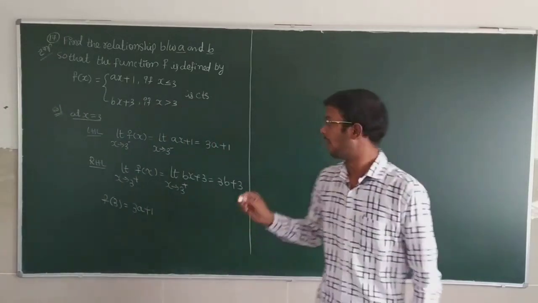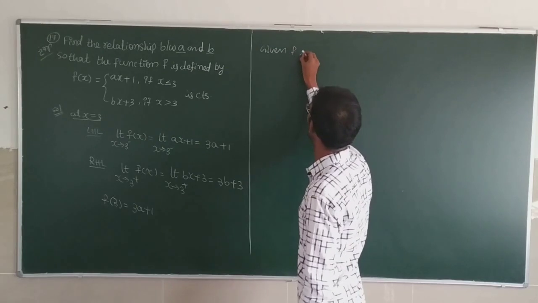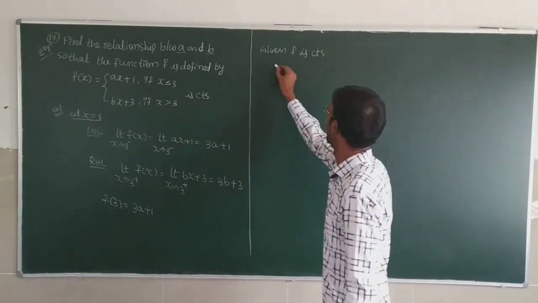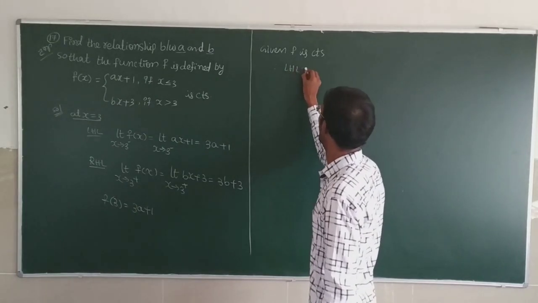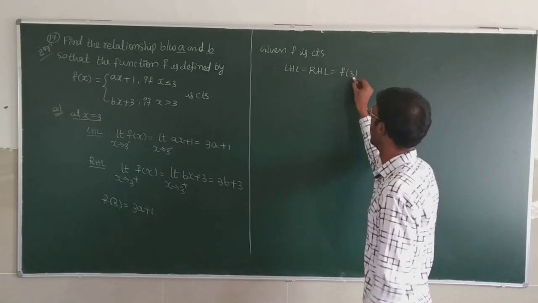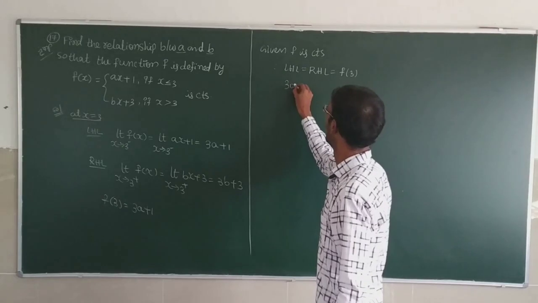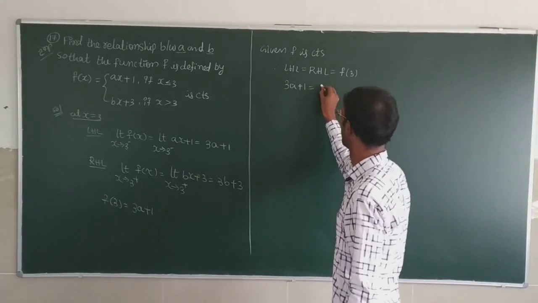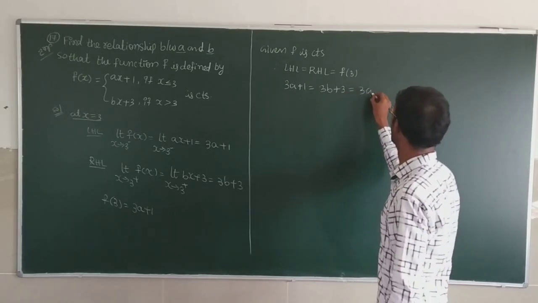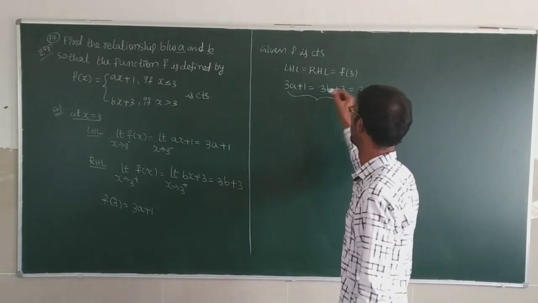Now, given that f is continuous, therefore LHL is equal to RHL is equal to f of 3. Here I am taking the point 3. So now LHL 3a plus 1 is equal to 3b plus 3 is equal to 3a plus 1. This one is equal only, so I will take only this.